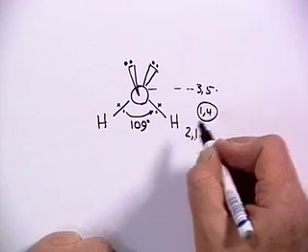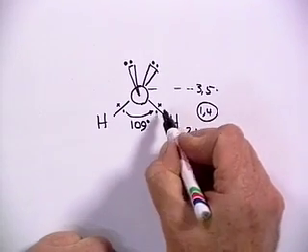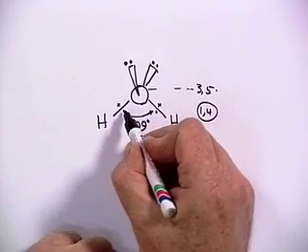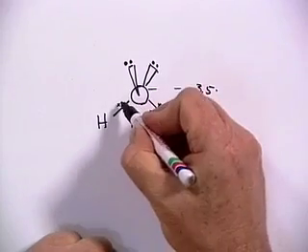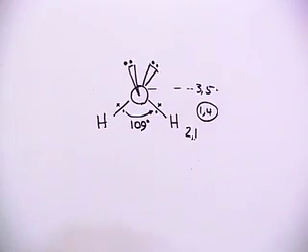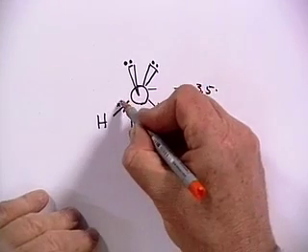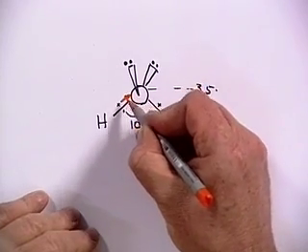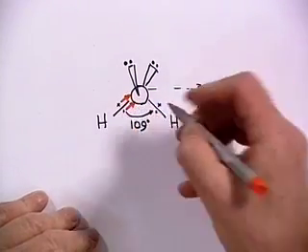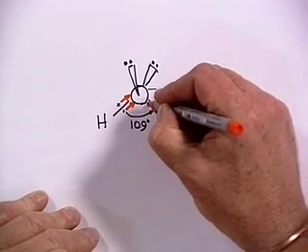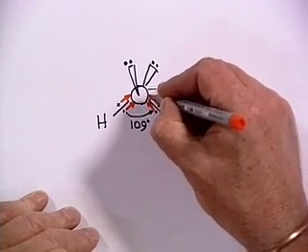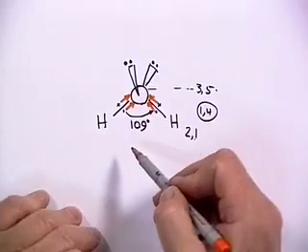That's a pretty big difference. You know what it tells us about these two electrons? It tells us that the two electrons in the oxygen-hydrogen bond are more attracted towards the oxygen atom. They're going to spend a bit more of their time there, and a bit less of their time at the hydrogen atom.